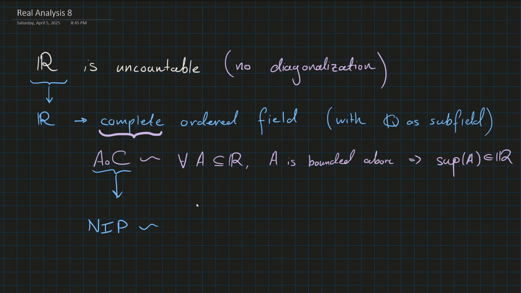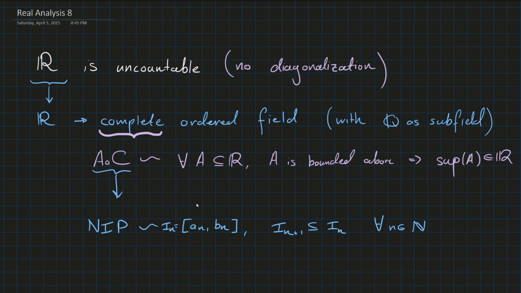So the nested interval property says that if we have a sequence of closed intervals, let's call them I_n, and we also have that I_{n+1} is a subset of I_n for all n in N. So I have a sequence of intervals that are nested, right?